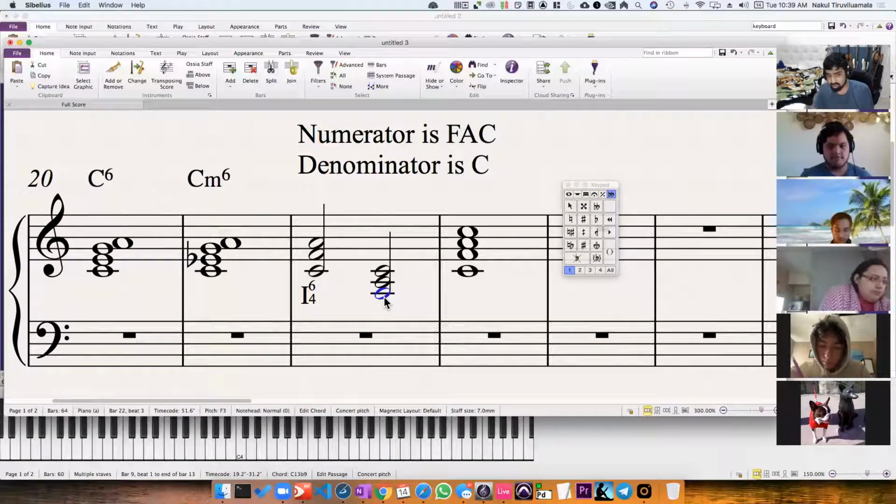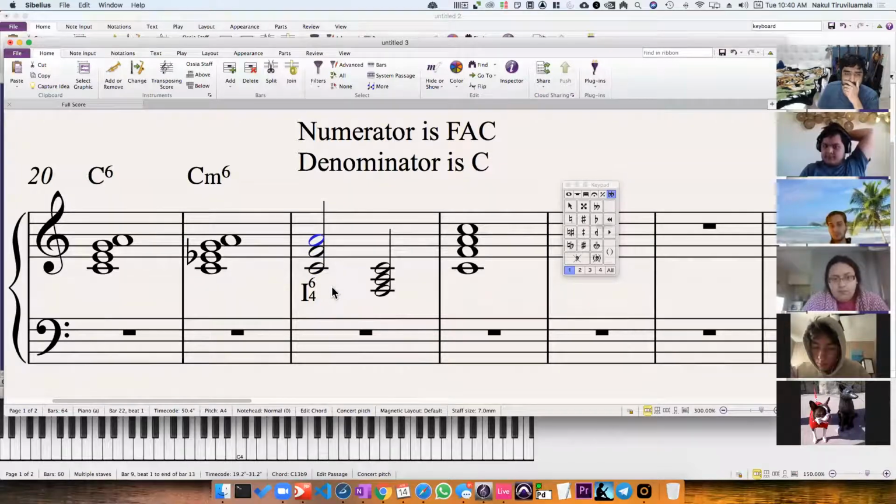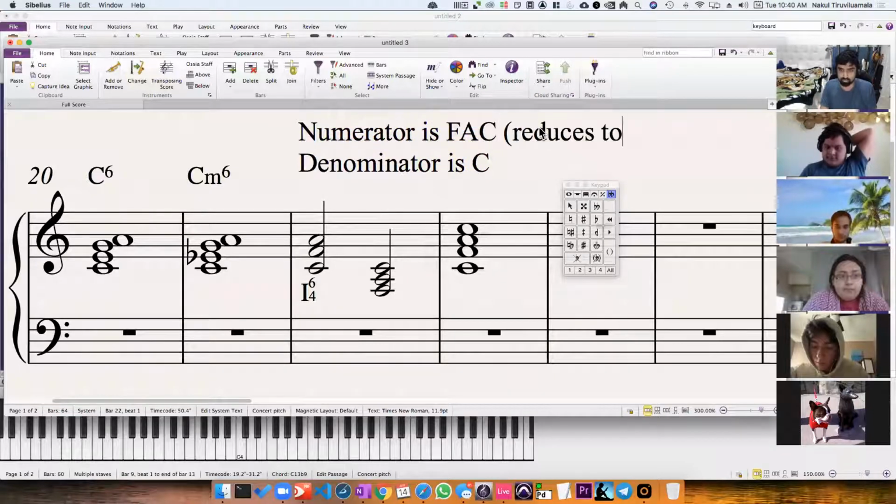Which in this case is F. If I flip this around, you could use the other method where you keep bringing the top note down to the bottom, and then it turns out that you indeed see that this is an F major triad, right? So the numerator is an F major chord, which just reduces to F in this case. And the denominator is C.